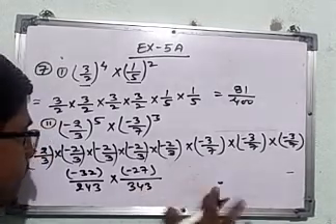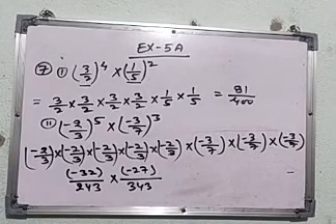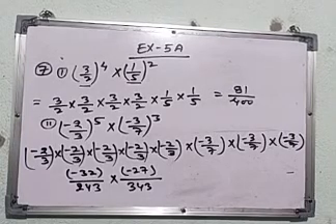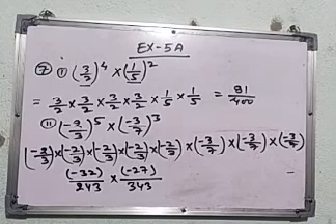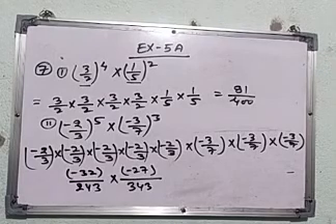Now you multiply minus 32 into minus 27 over 243 into 343. Student, you cancel.